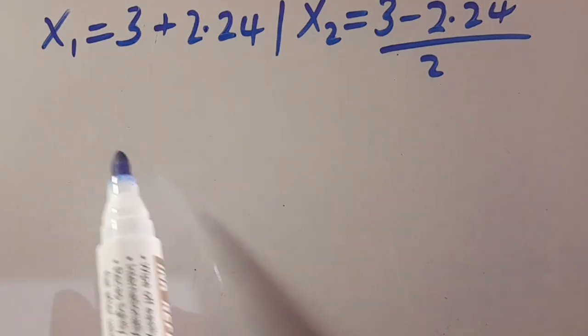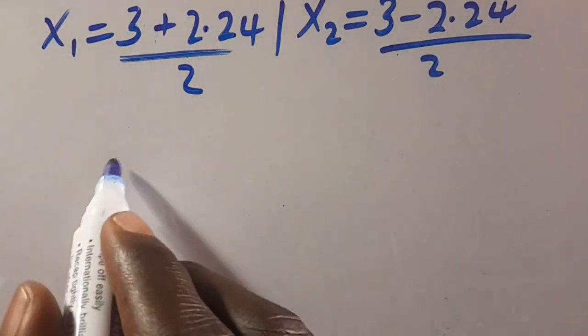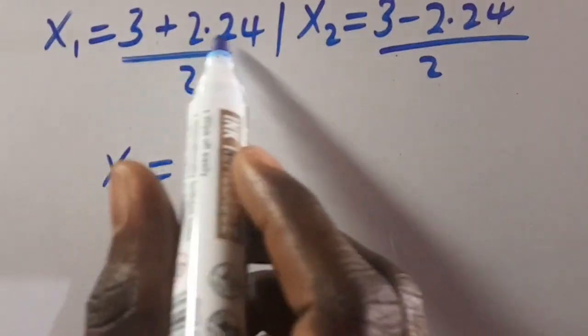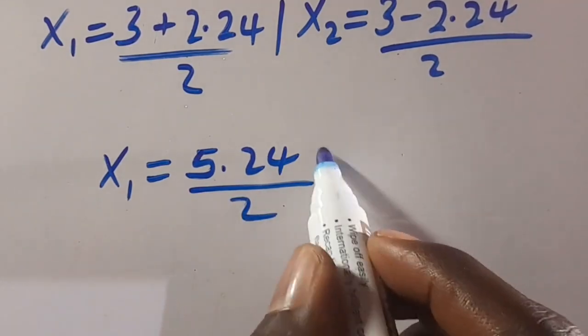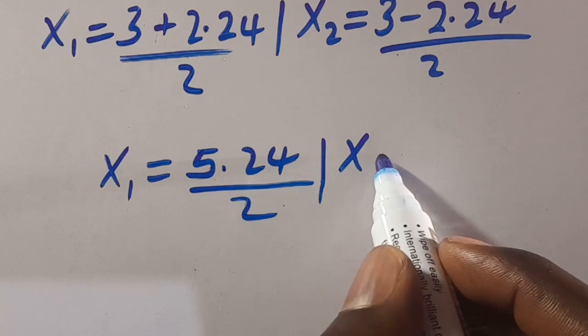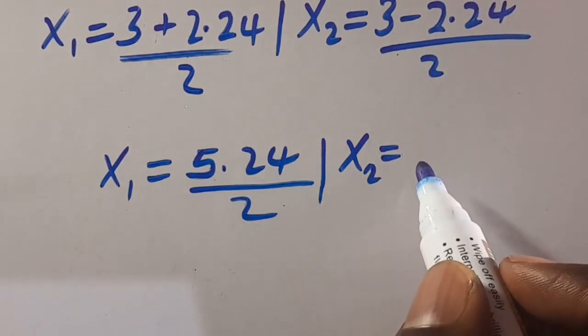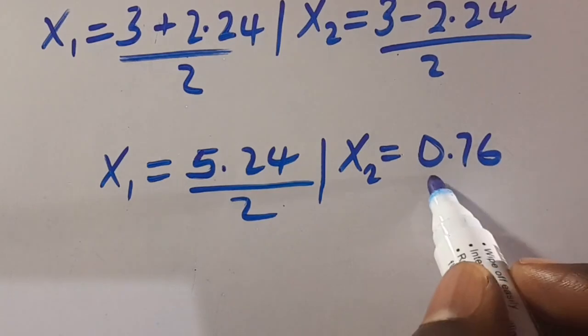So we're going to have x1 equals 3 plus 2.24 will give us 5.24 divided by 2. Here x2 will be equals this minus this will give us 0.76 divided by 2.